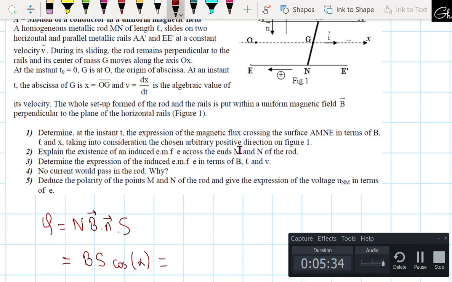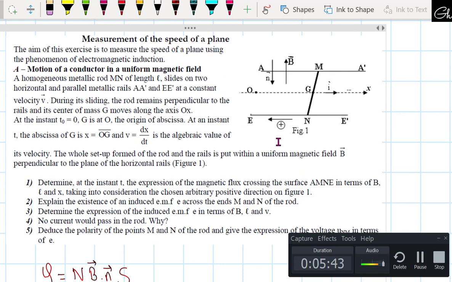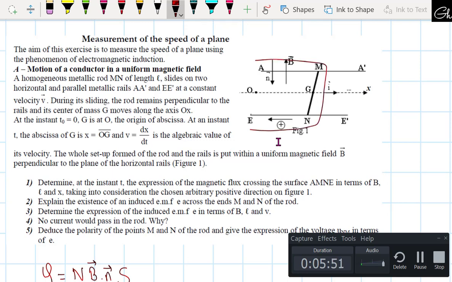Okay, so here is B, S, which is the area. Since we have a shape of a rectangle, then the area will be length times width. So here this shape of AME will be similar to a rectangle.